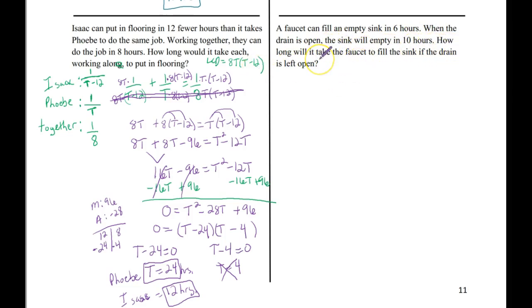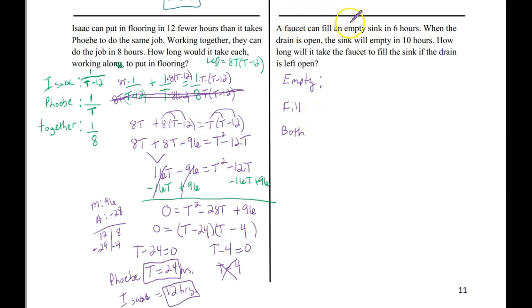Okay, this one's a little bit different than the other ones, but we're still going to talk about the rate at which something will empty and the rate at which it will fill. So we've got the rate it will empty, the rate it will fill, and when we do both, when it is draining and the faucet is on.